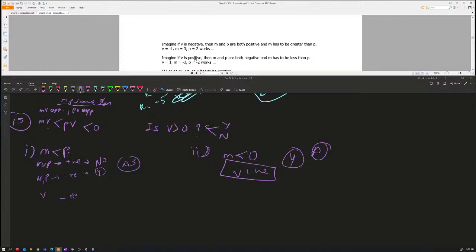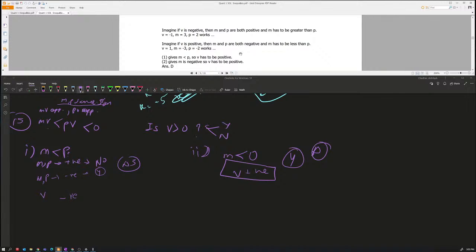Of course it works. If V is positive and M and P are negative, it works. So V is positive. If it is positive, we can cancel each other. Even if it is negative, we can cancel each other.